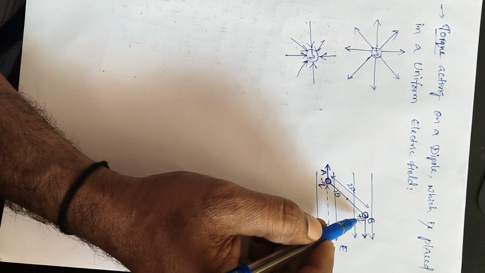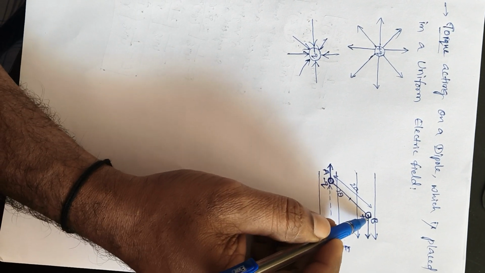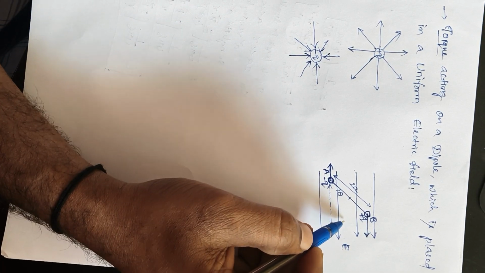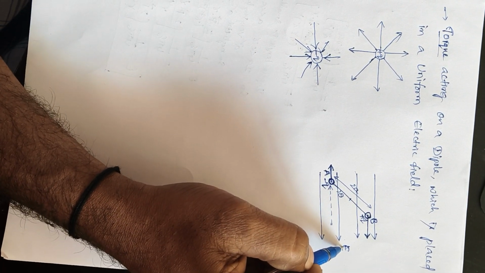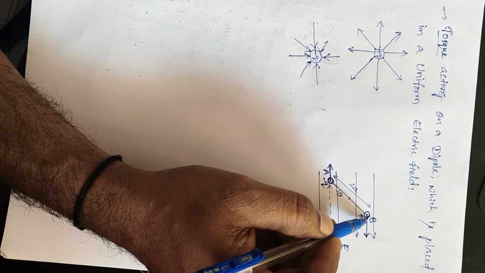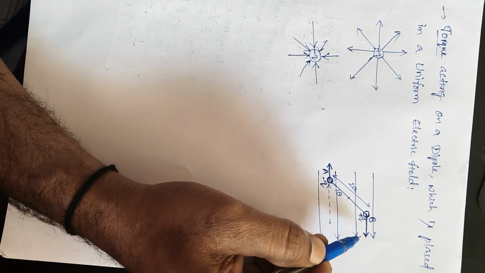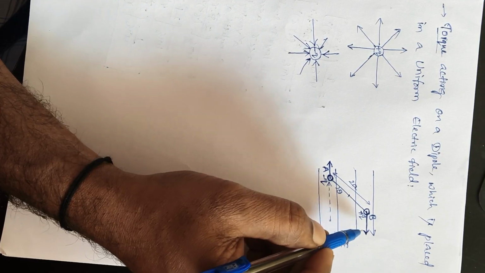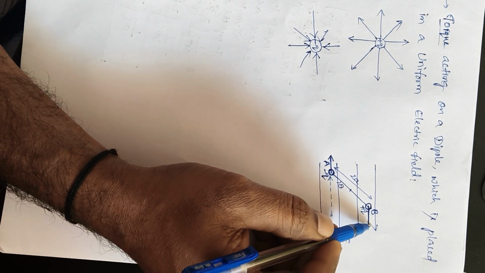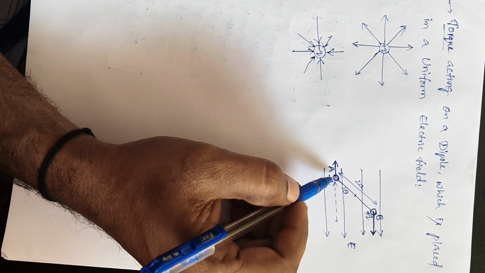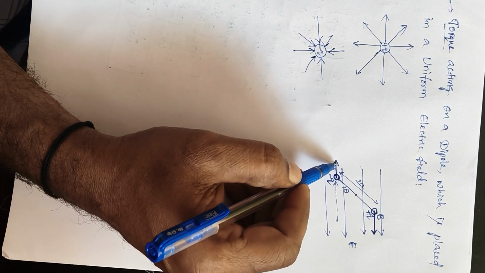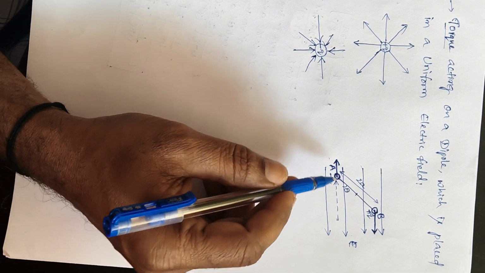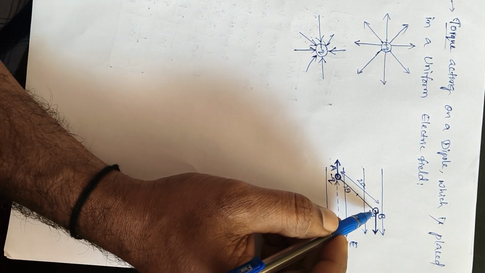So once again, for a positive charge, the direction is always along the field line. Why? Because by the definition of an electric field line, the path followed by a positive charge is nothing but the electric field line. So the electric field direction and the positive charge direction are the same. But a negative charge is opposite, that's why it is opposite to the direction of the electric field. So that we should understand.